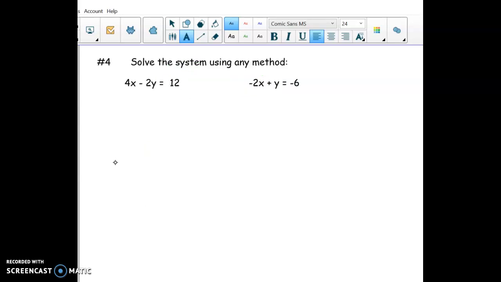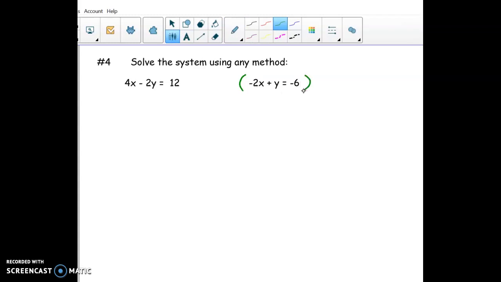All right. Pause the video, give it a shot. All right, so combinations again, because they're both in standard form. So I would take this one, and this is again 1y, which is often useful in combinations because you can multiply by whatever you need to get the matching coefficient over here.